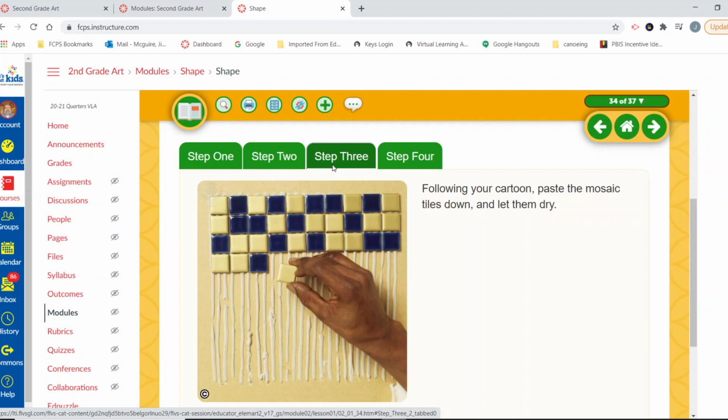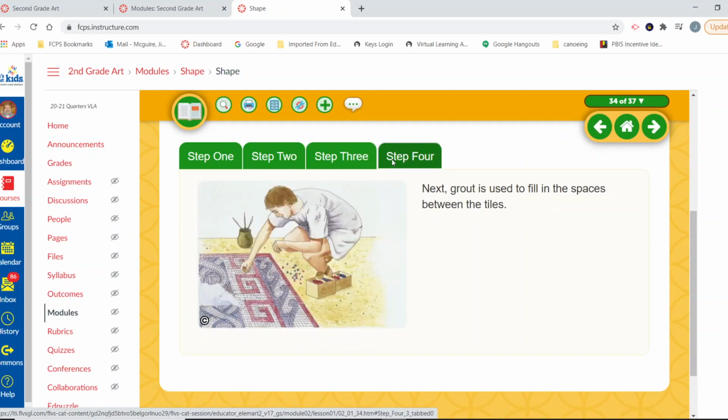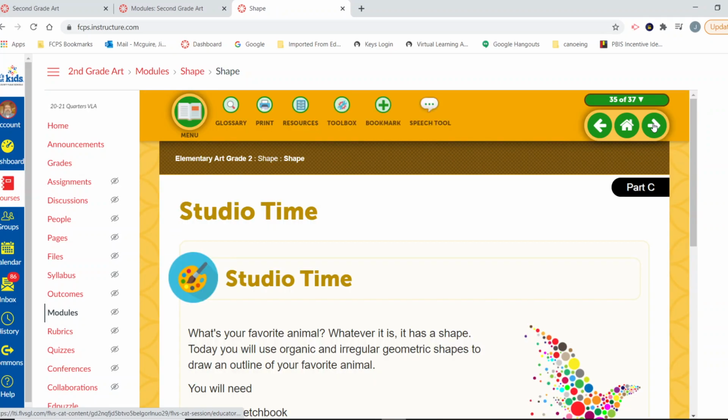Then you start to put the tiles into place, in the spaces where they belong. Now, in a regular mosaic, you would then come back in and add what they call grout. And grout is a way to fill in those spaces in between the tiles. Because we're not going to be making ours out of traditional tiles, we're not going to be using grout.